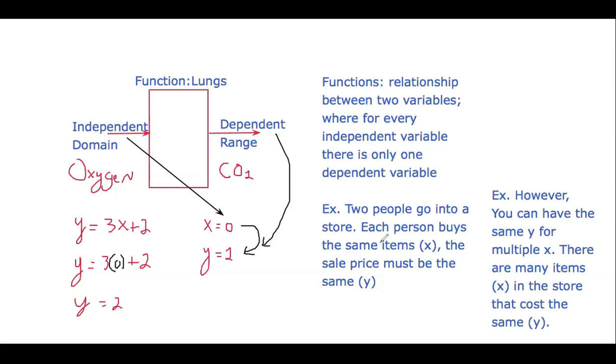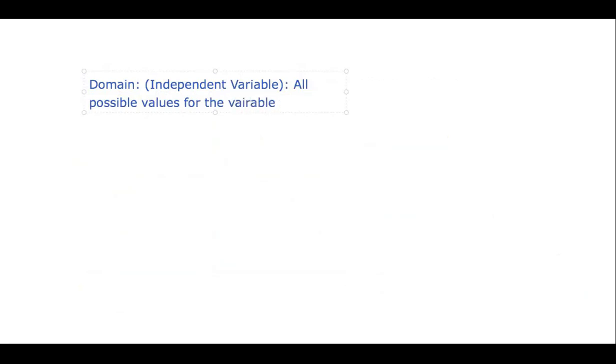Now, what makes this a little trickier is domain. Like I said, that is our independent variable, basically what is coming in. The definition is all possible values for the variable. And typically, we call this x.